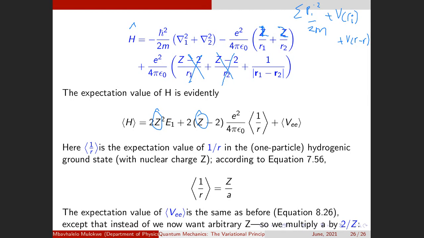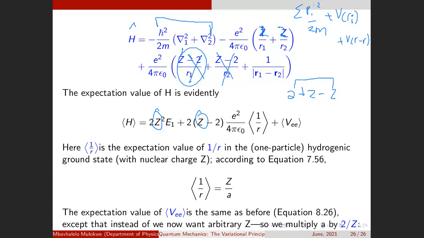In order to do that, we are not going to touch the kinetic part. We are only going to look at the 2, and I'm going to write that 2 as 2 plus Z minus Z. So I've not really done anything, it's the same term.